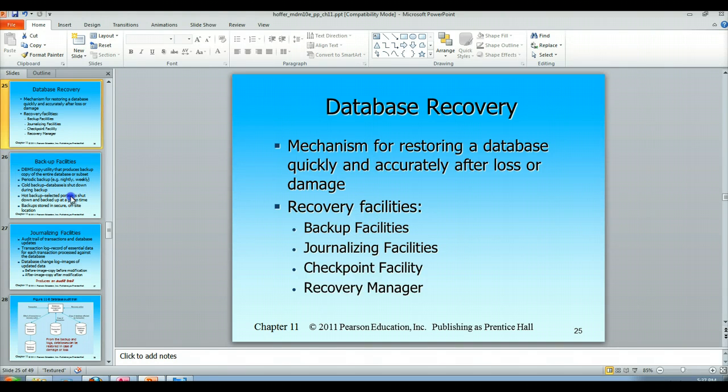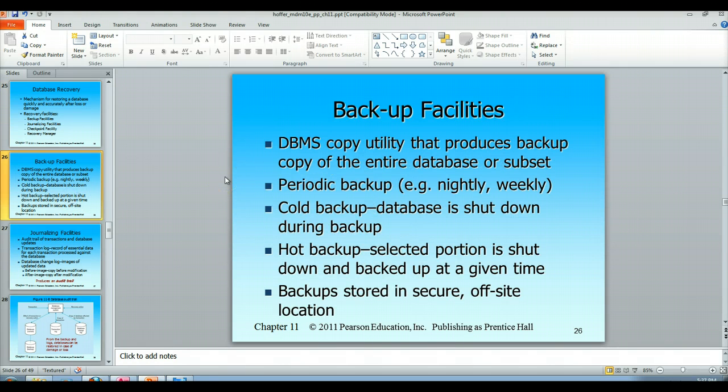But when we talk about backup facilities, this is some kind of database management system copy utility that either copies the entire database or a subset of the database. Depending on your situation, you may not be able to bring down your entire database and back it all up, which is what's known as a cold backup.